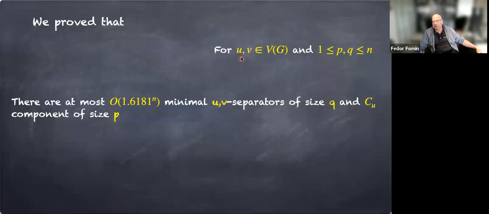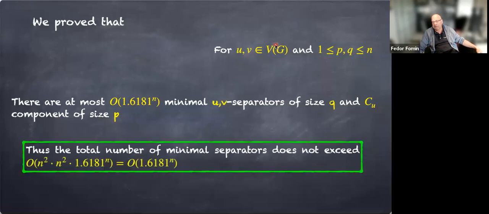Because there are n squared pairs of vertices, and there are n squared possible values for P and Q, I just bound this. This is the usual trick here: the power of a big O for the exponential functions. What I write here is not 1.6181, but a rounding, so there are a bit more digits here, and these extra digits dominate any polynomial function.